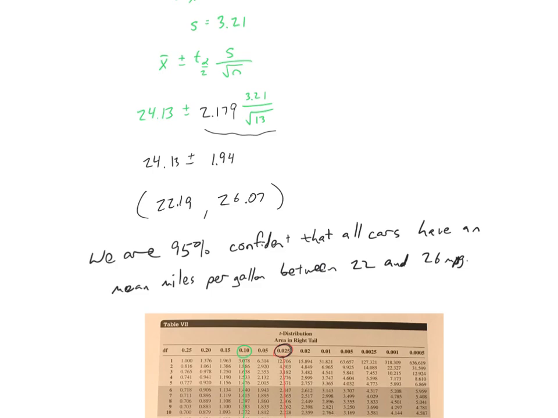So in our sample it was 24-ish. Margin of error was about 2, so 22 to 26 miles per gallon would be the average for all cars in this population. Okay, good.